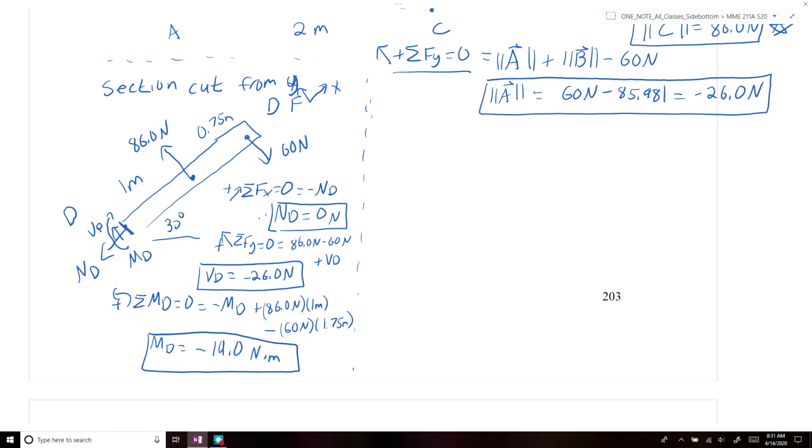So once we have the internal forces at point D, we can then solve for the internal forces at point E. So what we're going to do is take a section cut at point E. So we'll draw our section here.